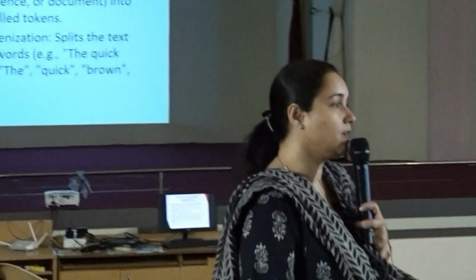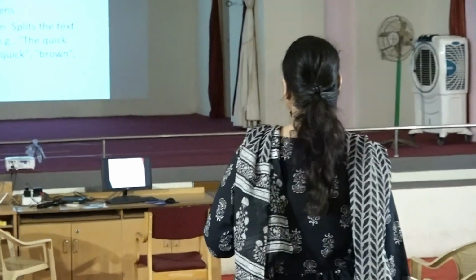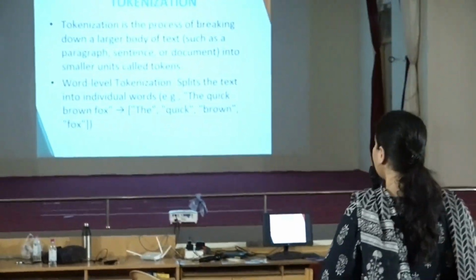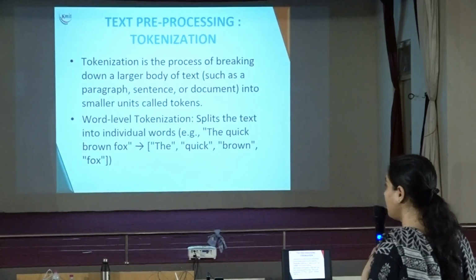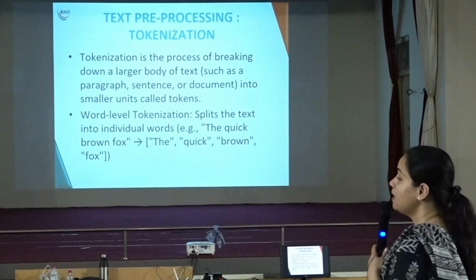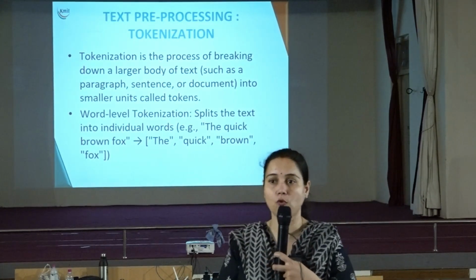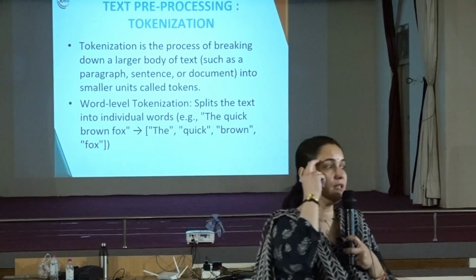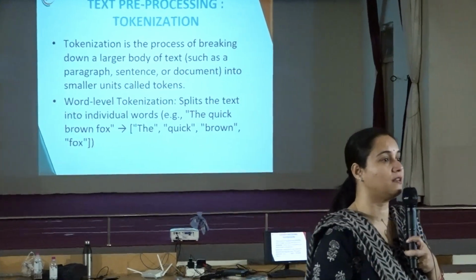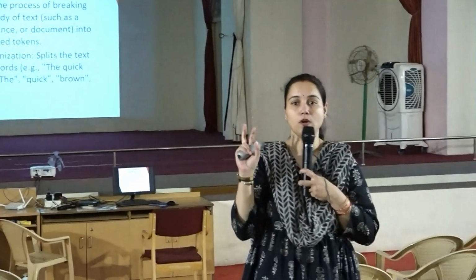What is tokenization? I have already explained. It is the process of breaking down a larger body of text such as a paragraph, sentence or a document into smaller units that we call tokens. So the very first process is to change the entire sequential data into a set of tokens.